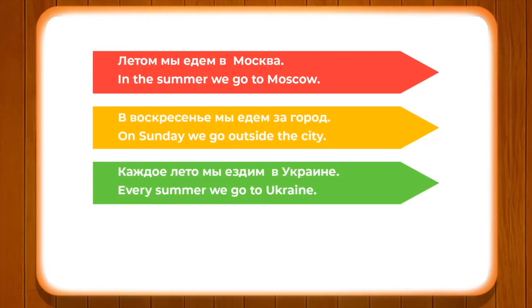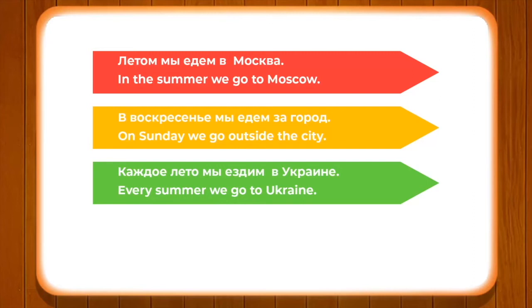Here we are using the expression каждое, which tells us that we have to use the verb which indicates to and fro or multiple direction movement. So we have ездить. Каждое лето, every summer, мы ездим, we go to Moscow.